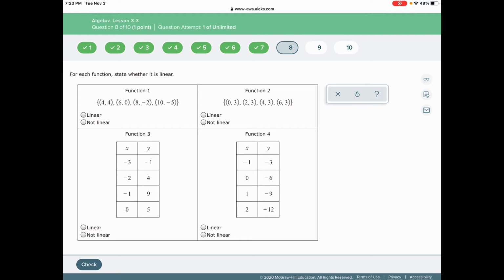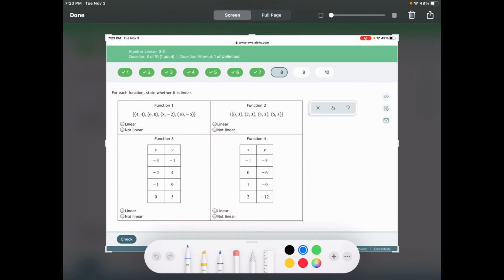All right, for each function, state whether it is linear. All right, so looking at function 1 here, I'm going to need to do some calculating to see if the slopes are the same all the way across. So let's just calculate the first one. 0 minus 4 over 6 minus 4 is negative 4 over 2, or negative 2.